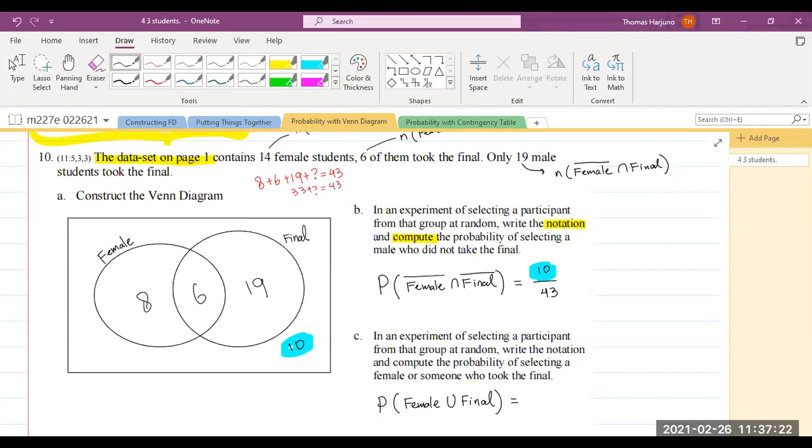That's the notation. Then let's compute. How many females are there? There are 14, that's 6 plus 8. Or final. How many people are taking the final? 6 plus 19, but the 6 is already counted. I just need to add 19 more over 43. That equals 33 over 43.